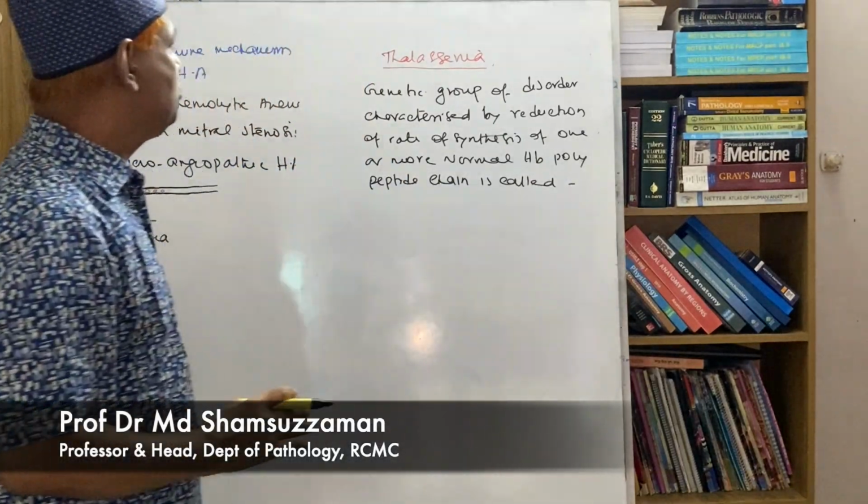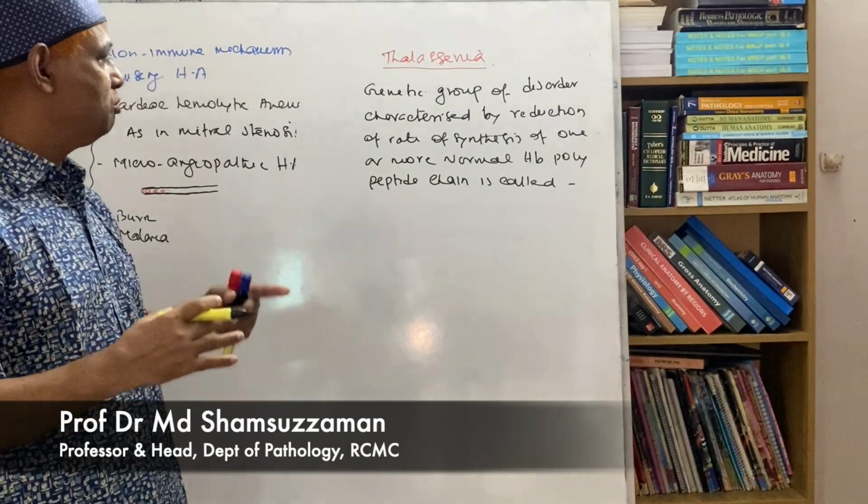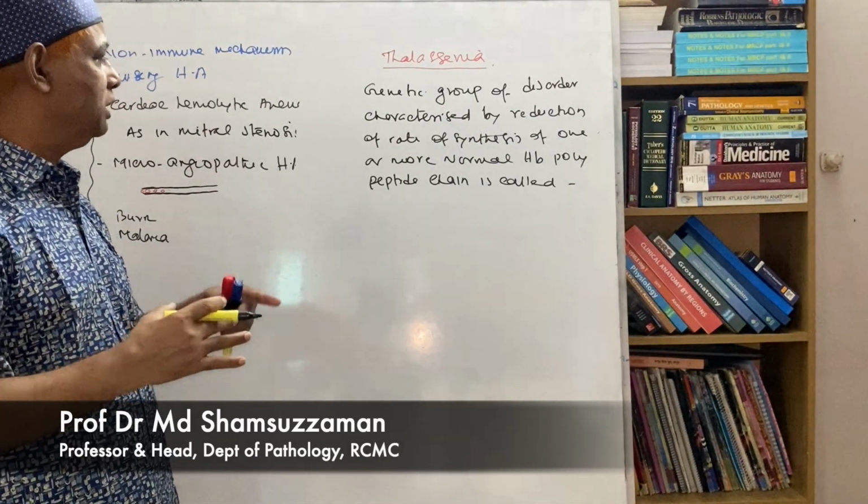So it is a genetic group of disorder and it is characterized by reduction of rate of synthesis of one or more normal hemoglobin polypeptide chain.